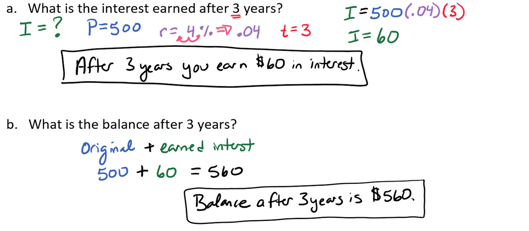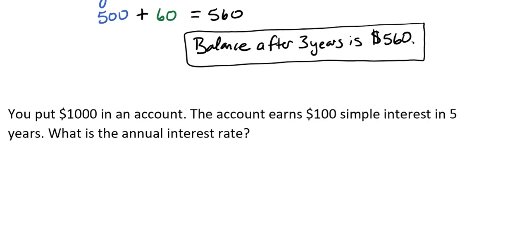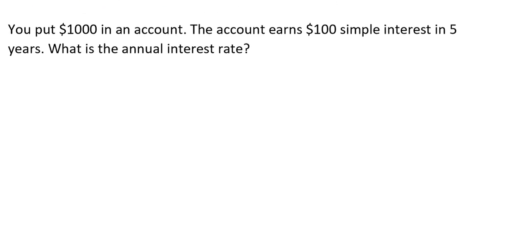So let's look at a new problem now. Here you're going to put $1,000 into an account, and the account is going to earn $100 in simple interest in 5 years. What is the annual interest rate? So this time we're looking for our rate. So we're still going to use our equation I equals our principal times our rate times our time.